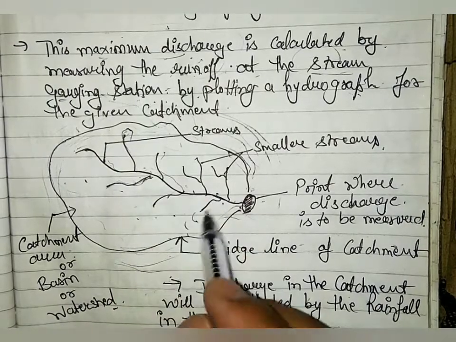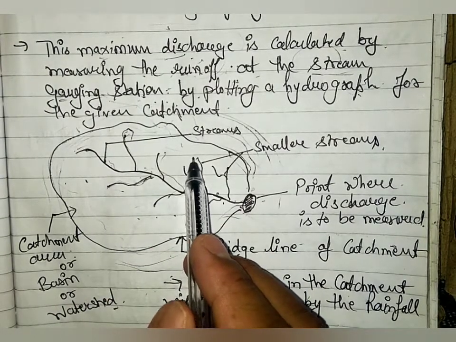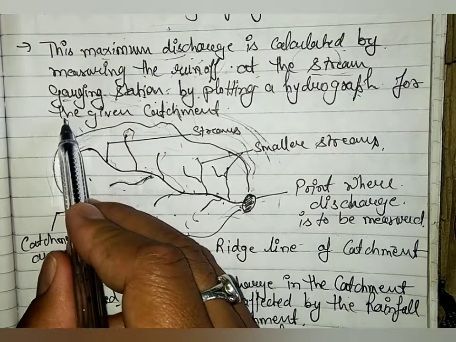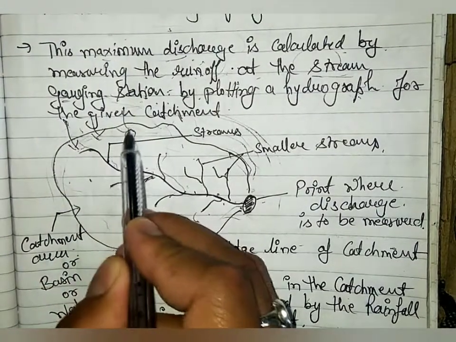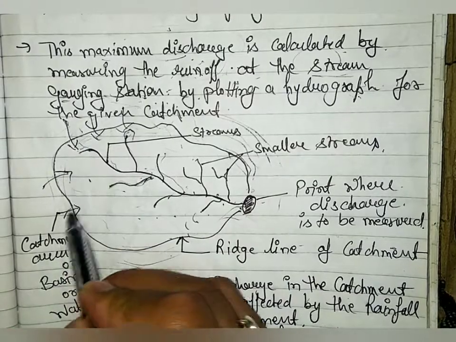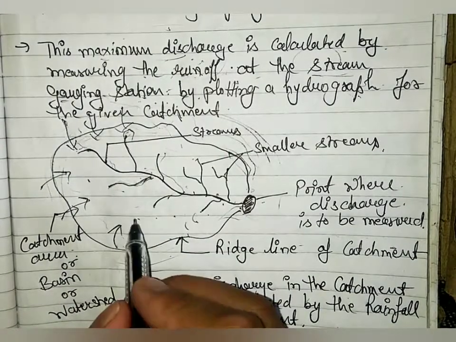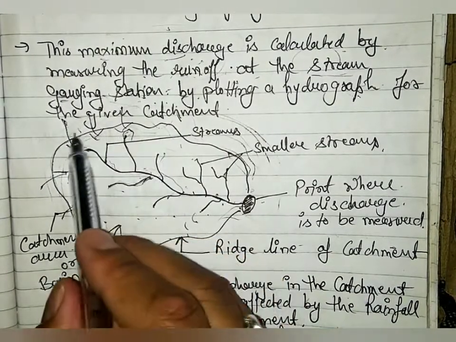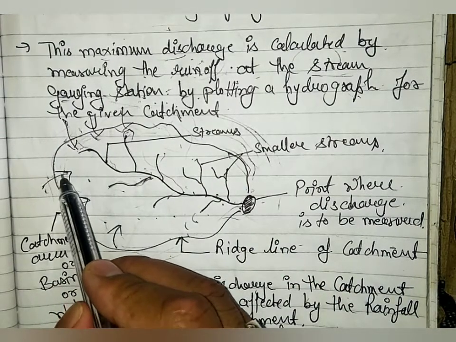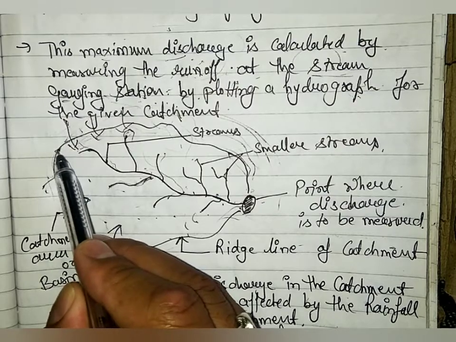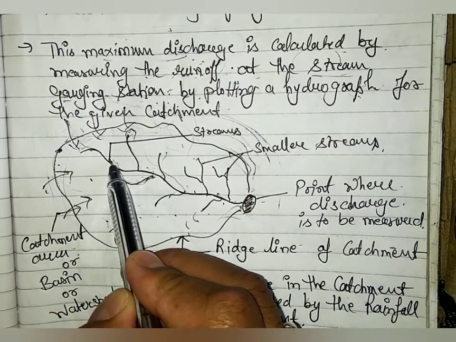Now what happens when rainfall occurs in this given catchment? Due to the downward slope of the catchment, the water will start to flow from higher elevation towards the lower elevation area.